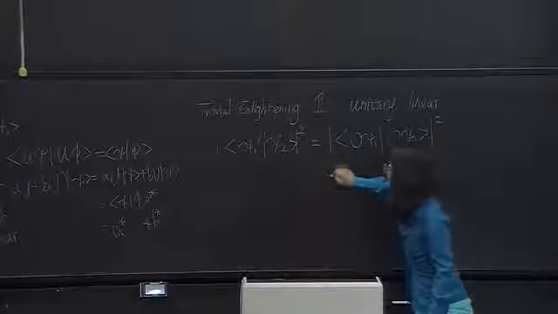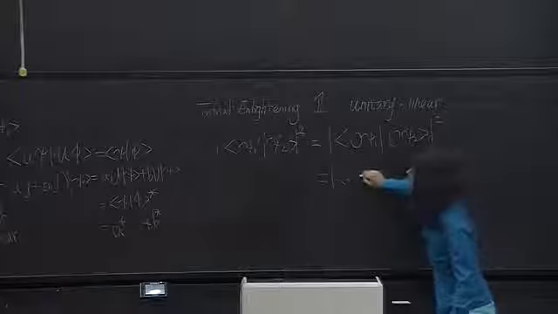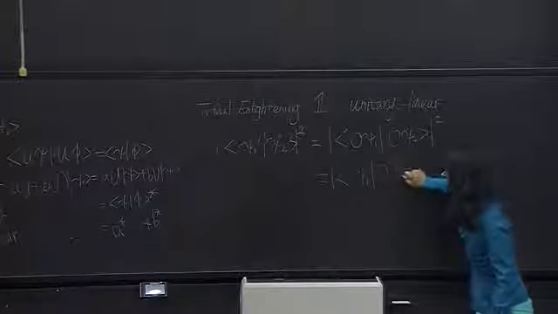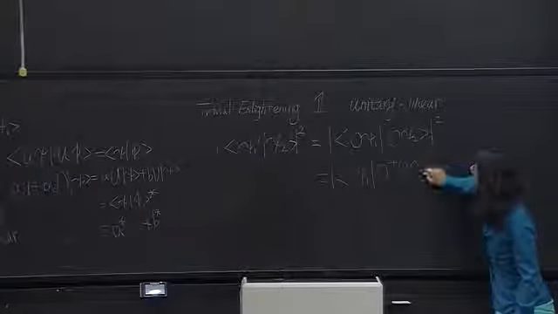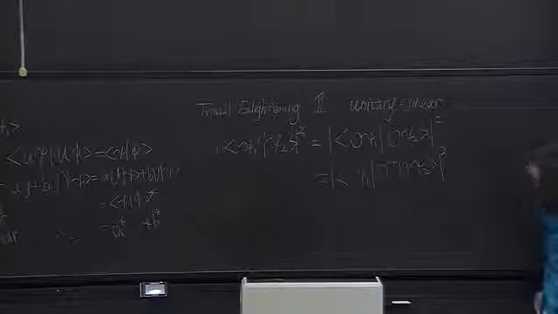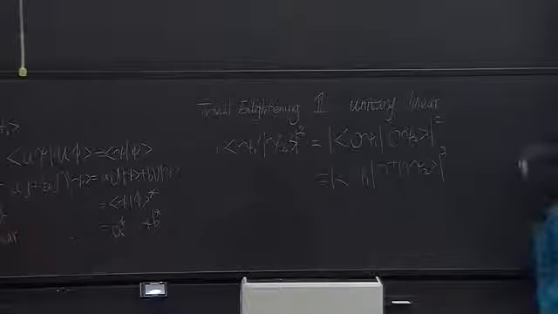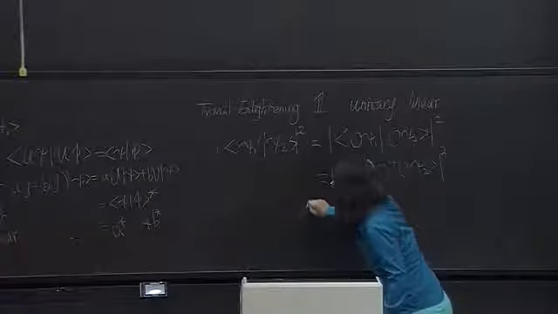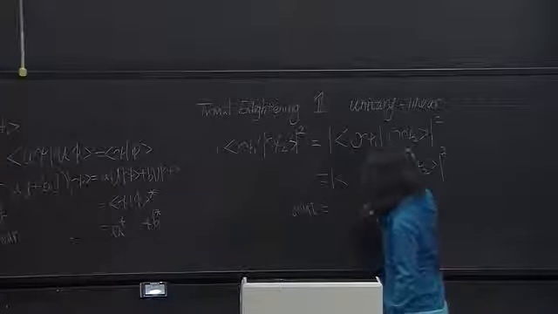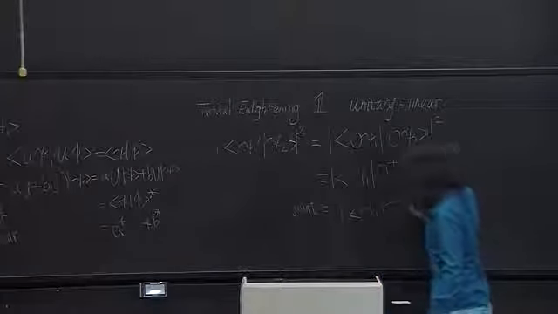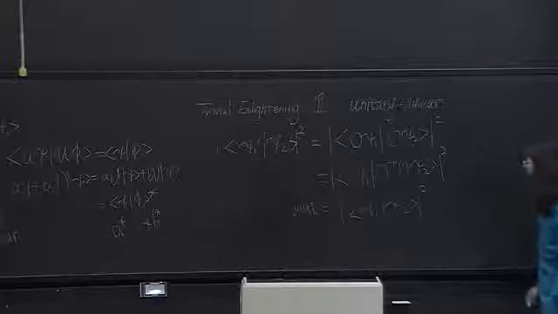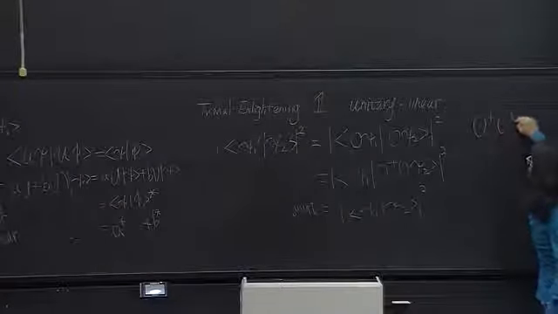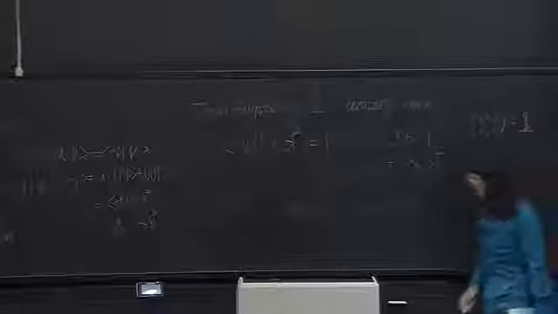And then the adjoint, we can write this as O adjoint, O psi 2, squared. And if I want this to be equal to the original probability, the easiest choice is just to take this to be the identity.